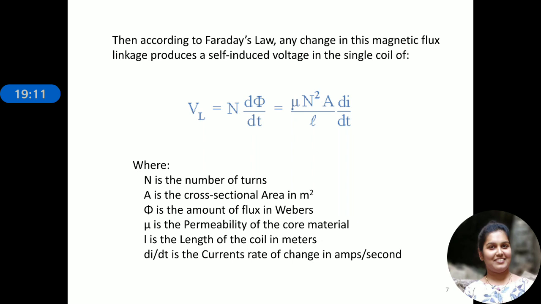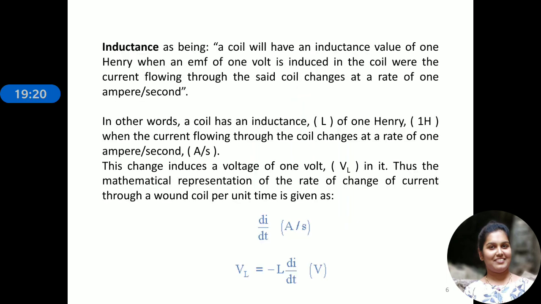So then when we substitute L here in this place, the expression will become VL is equal to minus L di by dt volts. It's very simple, right? So the voltage that is developed because of the rate of change of current in the coil, we can write as VL is equal to minus L di by dt.